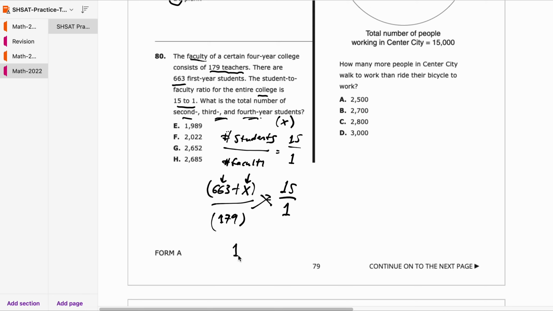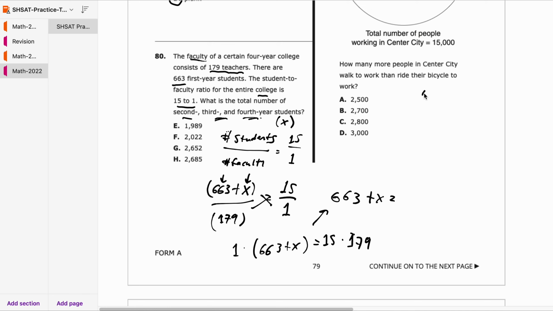So we would have 1 times 663 plus x is equal to 15 times 179. And therefore, we have 663 plus x, and then here I'm going to do, I guess you don't have a calculator.